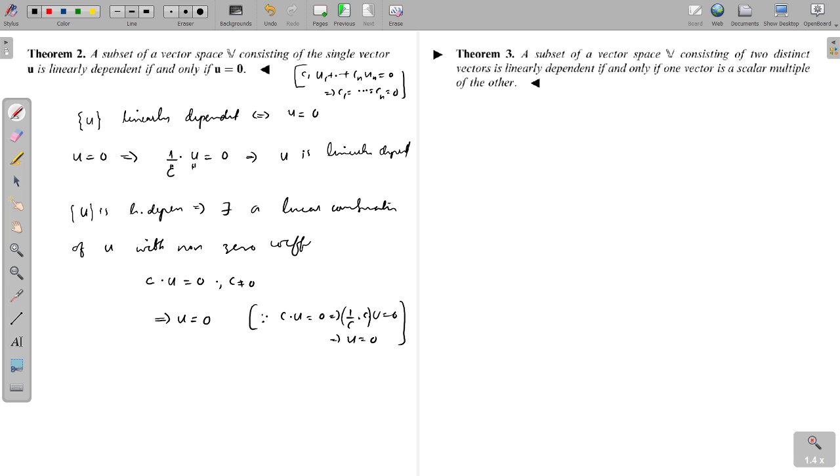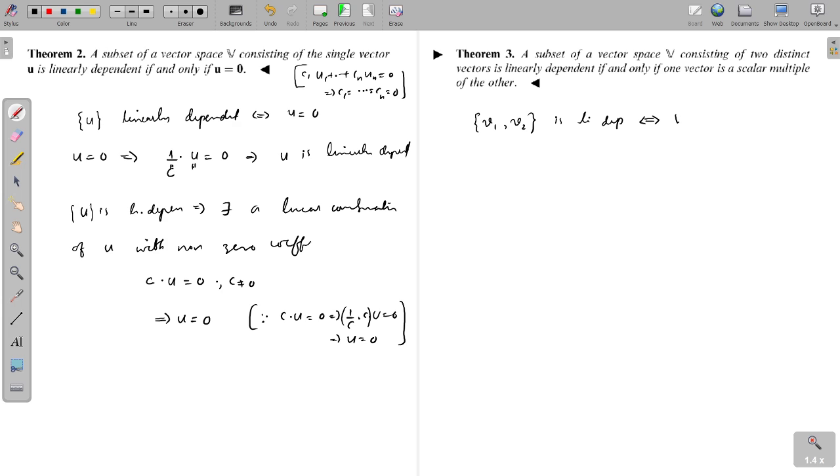Now we have theorem 3. A subset of a vector space consisting of two distinct vectors, say v1 comma v2, is linearly dependent if and only if one vector is a scalar multiple of the other.